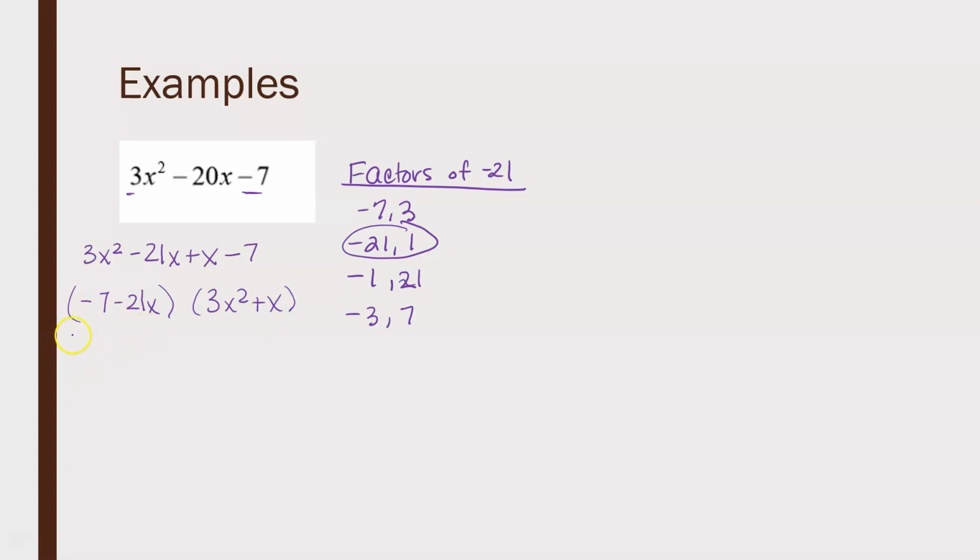Now I'm going to just pull out 7. So I have 7, and inside I have negative 7 minus 3x.